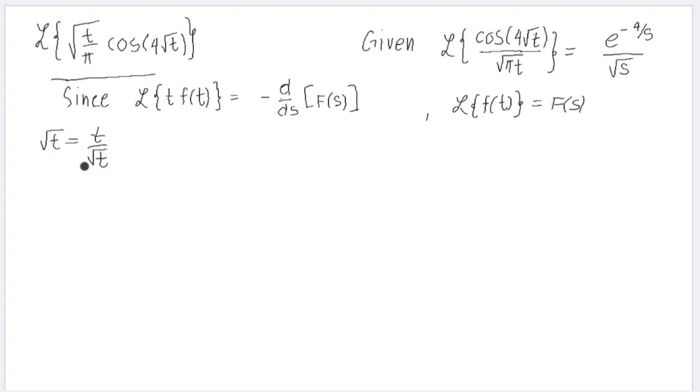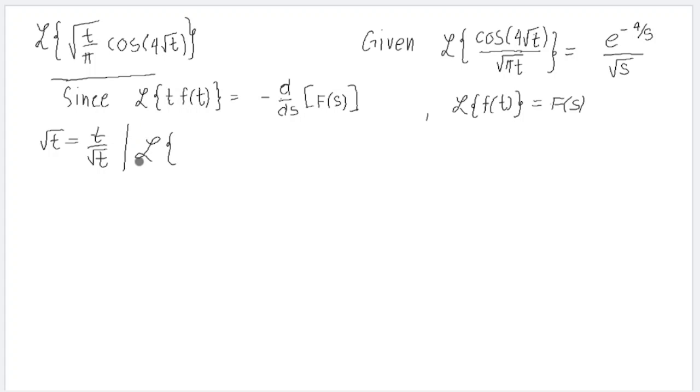Now, what term should we divide the t by to get square root of t? Since square root of t times square root of t is t, we're gonna divide the t by square root of t.